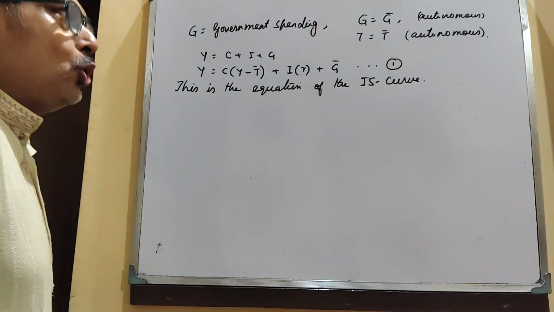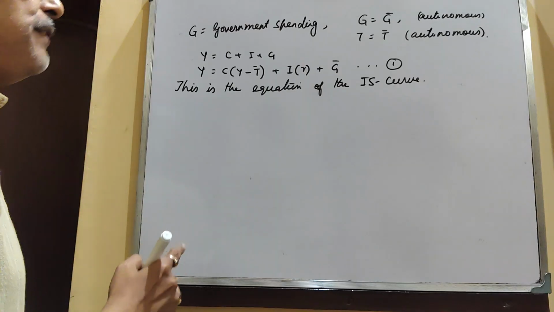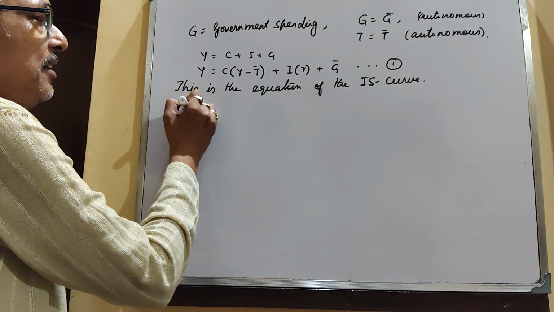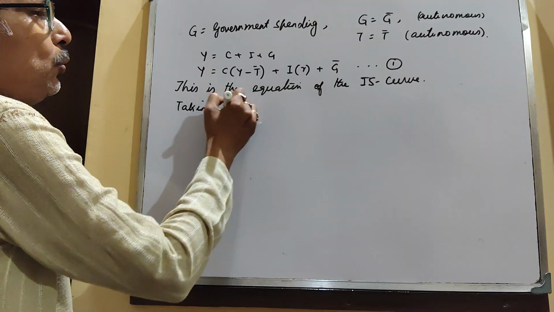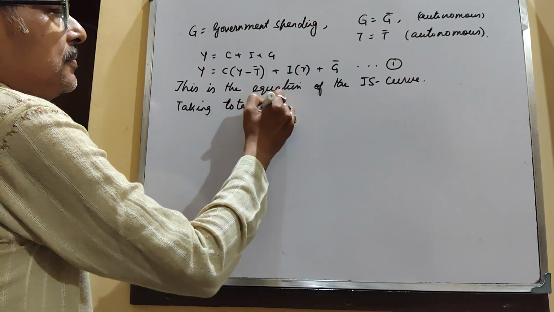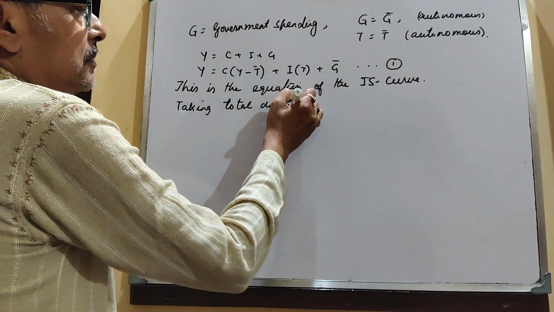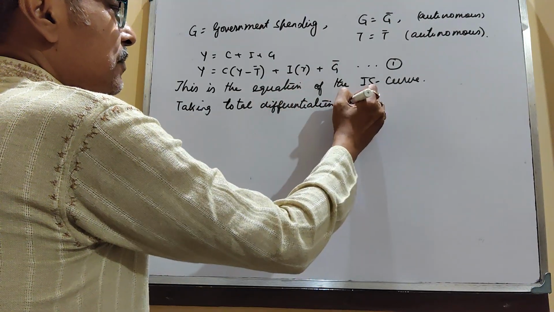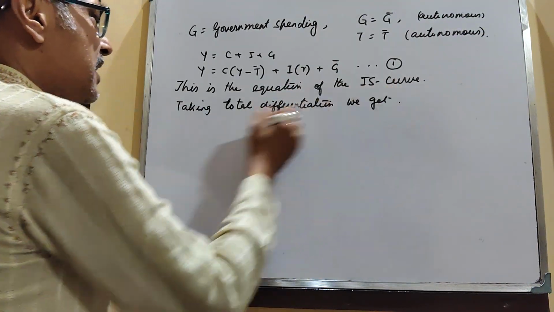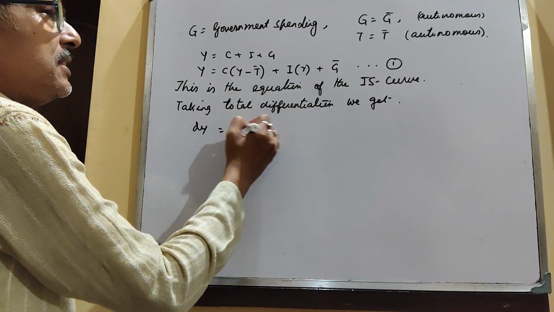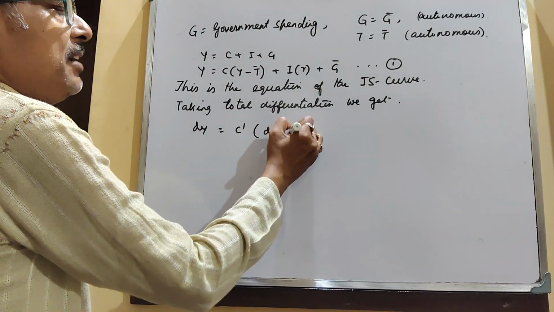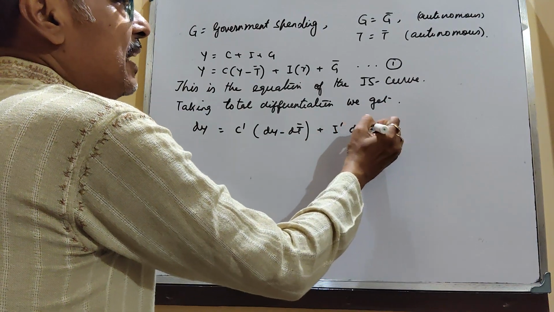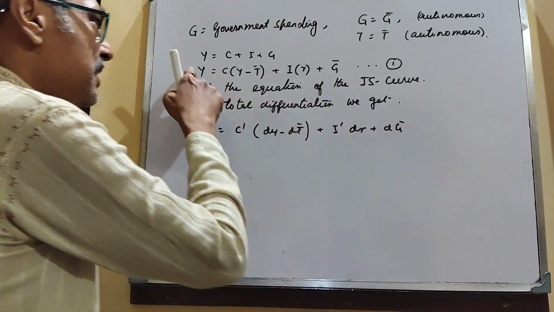Now to get the slope, we take the total differentiation of the above equation. Taking total differentiation, we get dY equals C prime times dY minus dT bar, plus I prime dR plus dG bar.